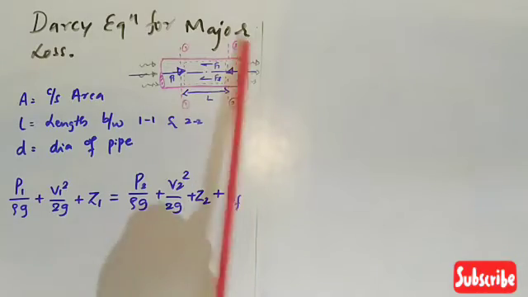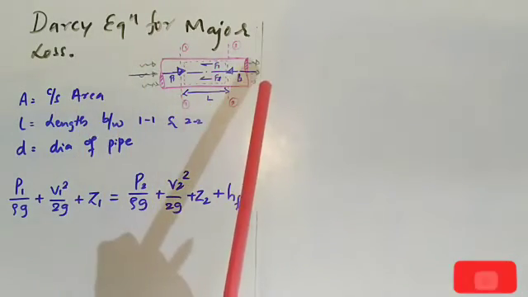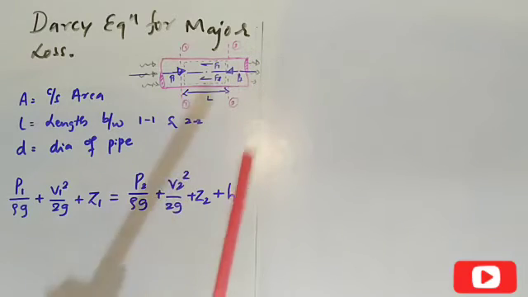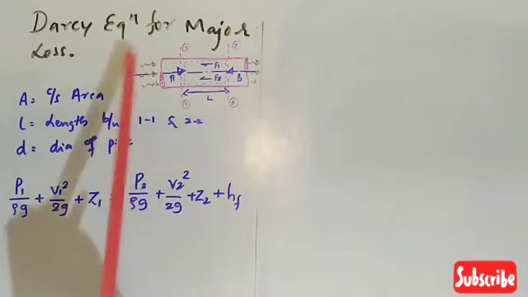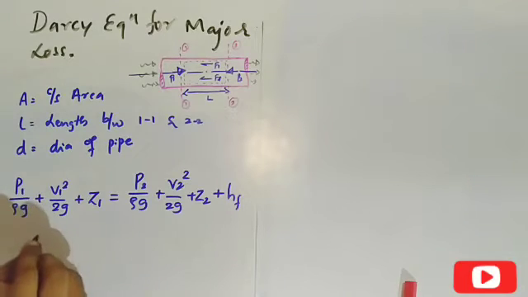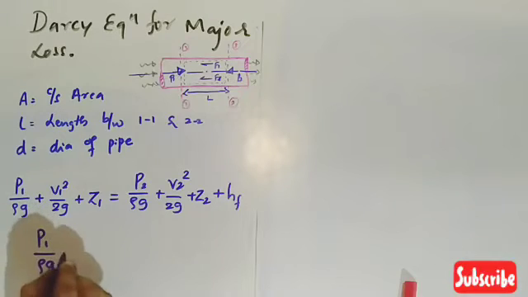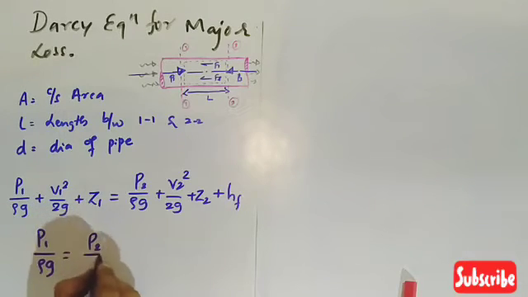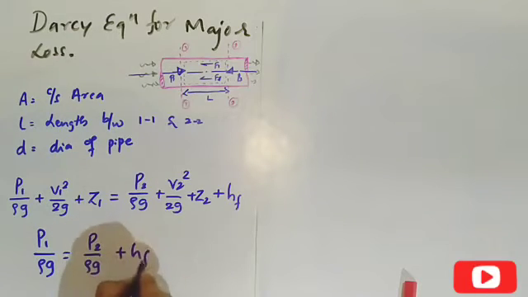From this schematic figure you can see that the pipe is in a horizontal position, so Z1 equals Z2, and as the diameter of the pipe remains the same, the velocity at sections 1-1 and 2-2 remains the same.